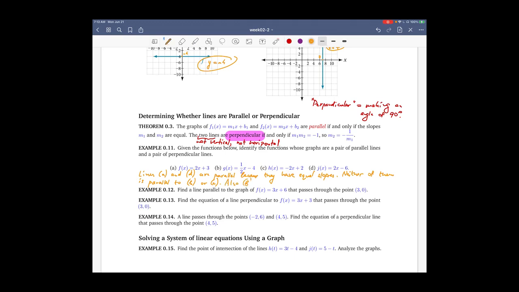Also, B and C are perpendicular since the product of their slopes is -1.